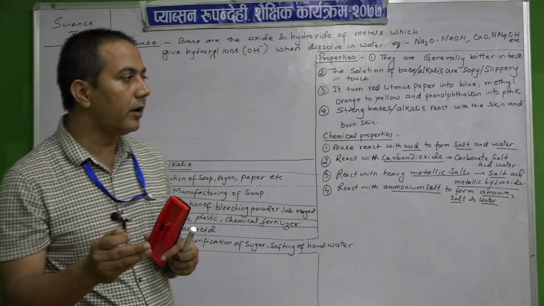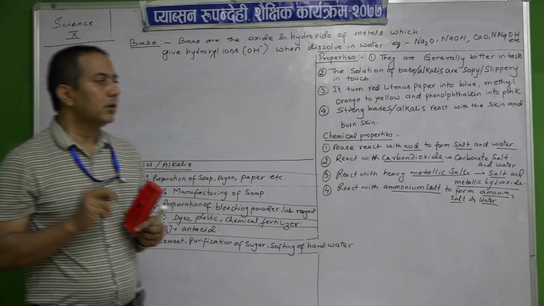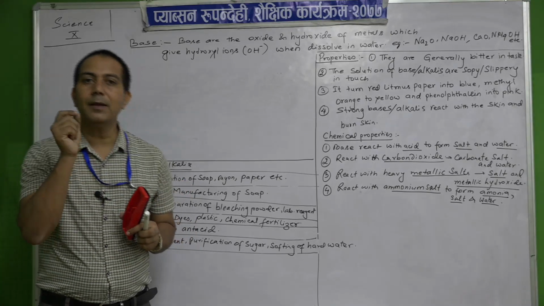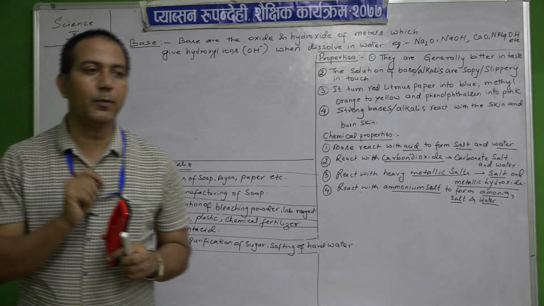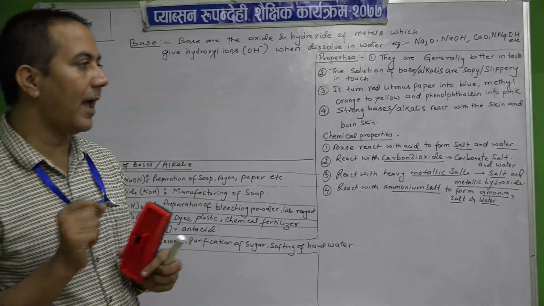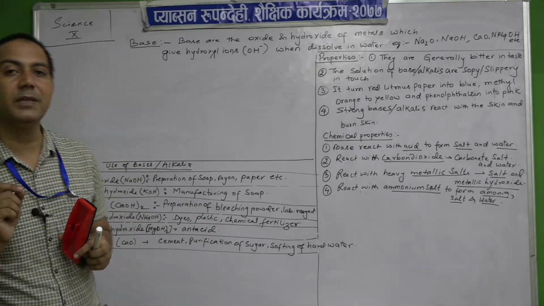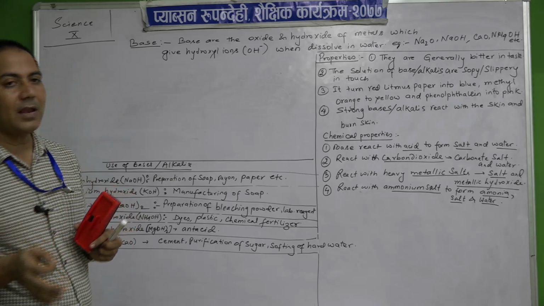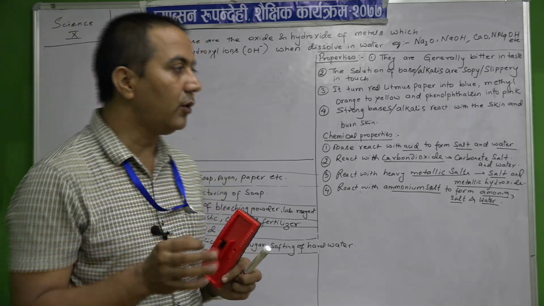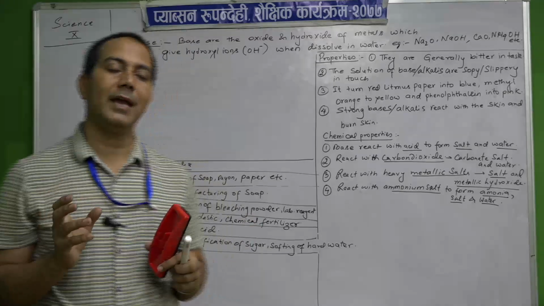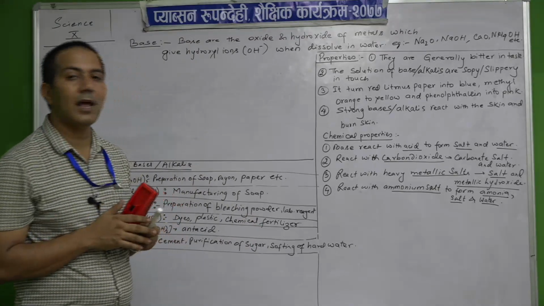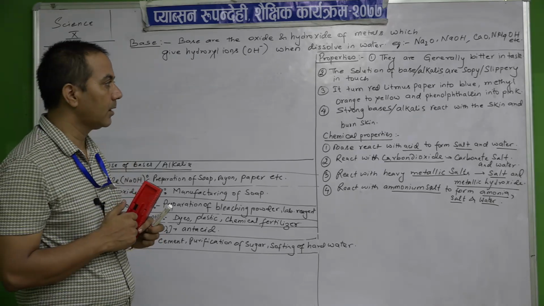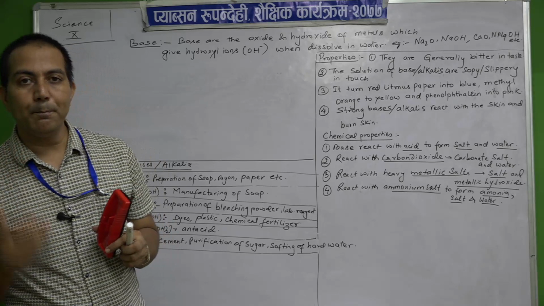If we do not have litmus paper, we can use methyl orange or phenolphthalein. When a base is dropped in phenolphthalein, it turns pink in color.